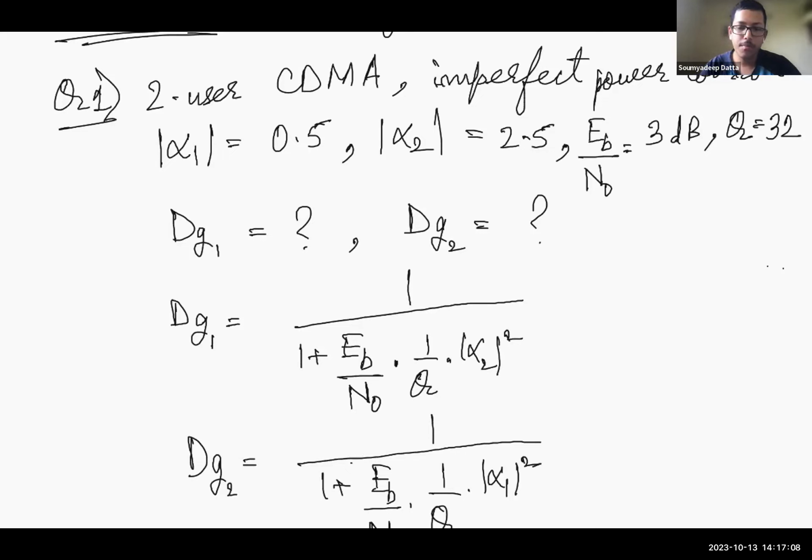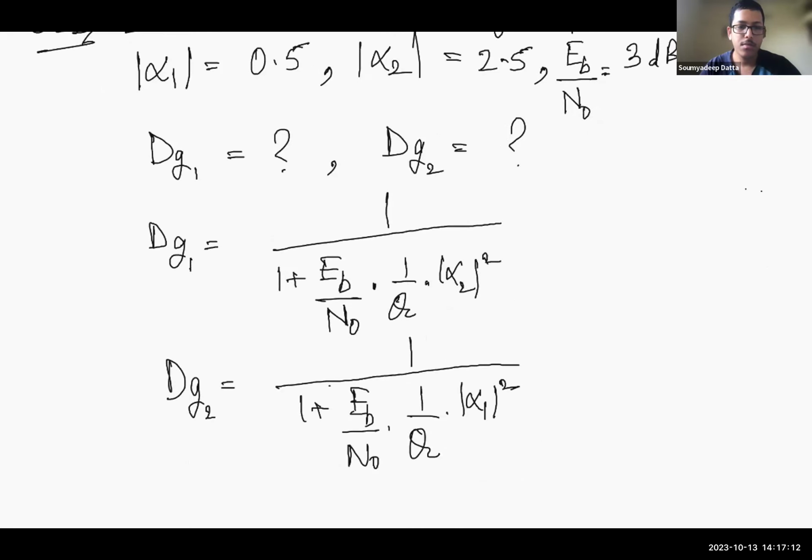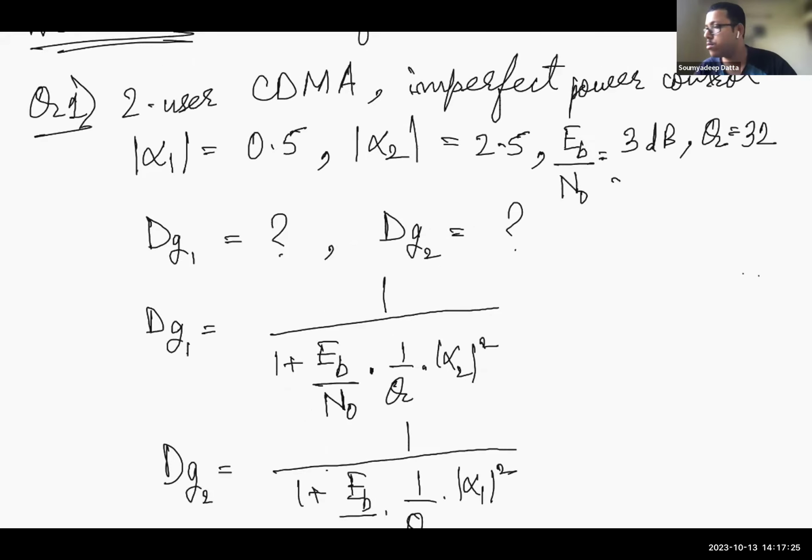So 3 dB is approximately equal to 2 in linear scale.